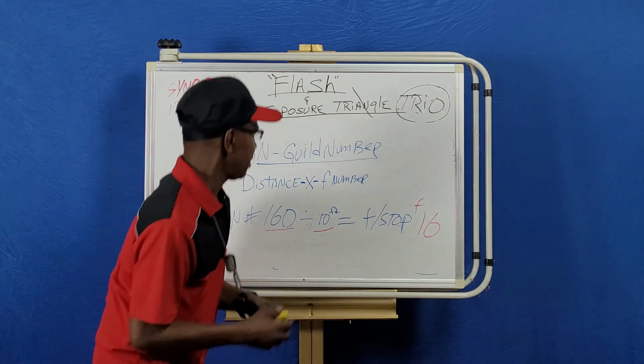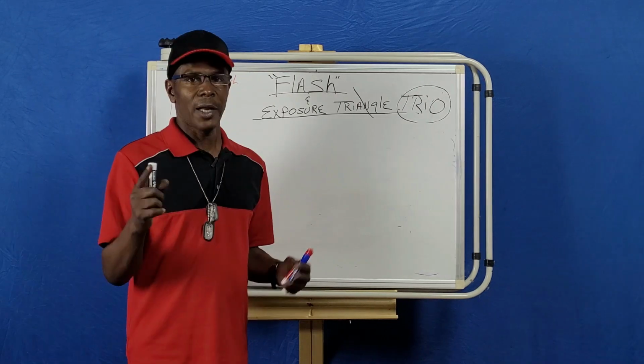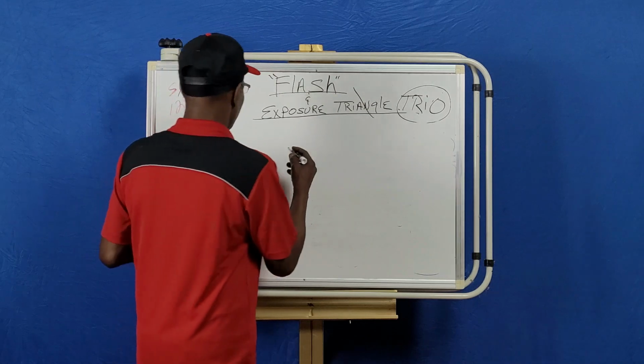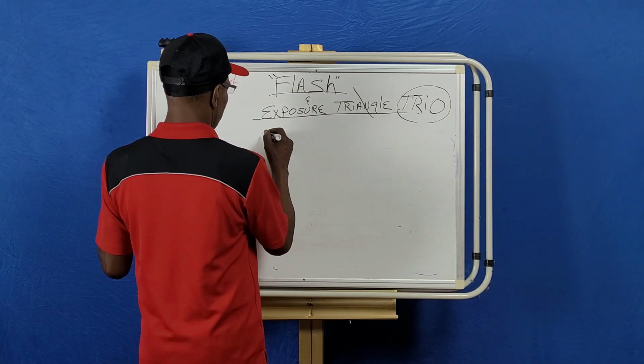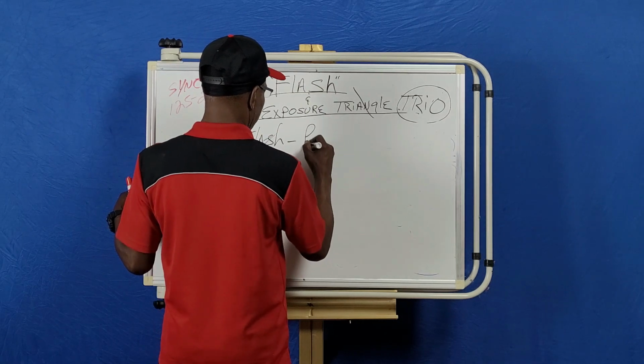So let's take a look at it just quickly here. This is how we would normally do it. All right, so back in the day, the flashes were full power. So you had to understand the guide number. The flash shot full power every time.